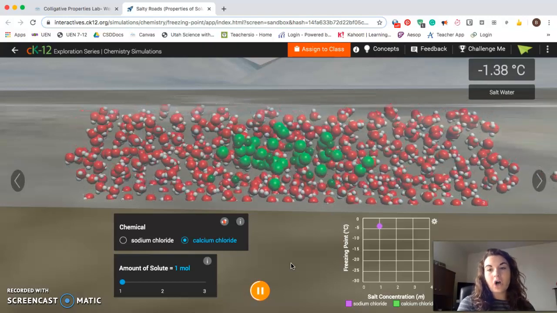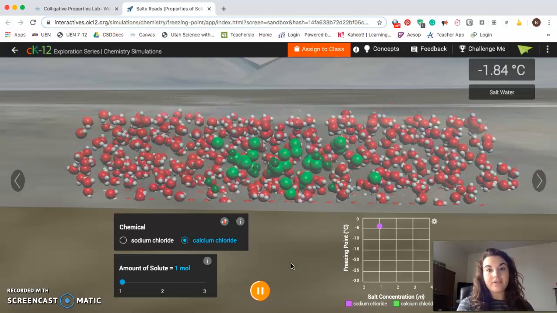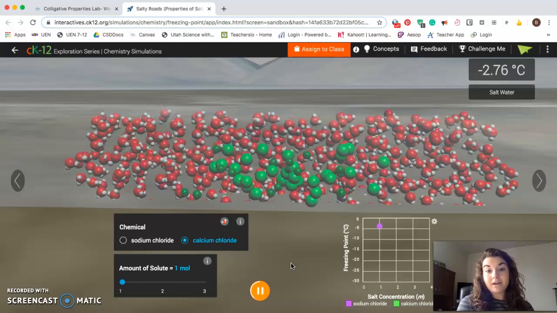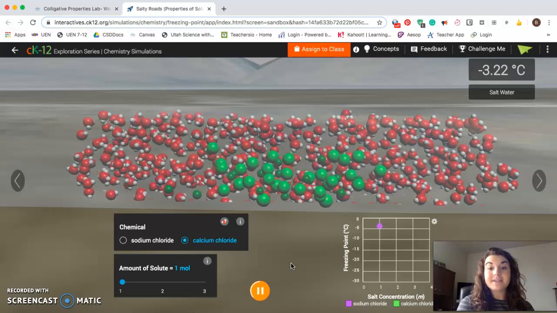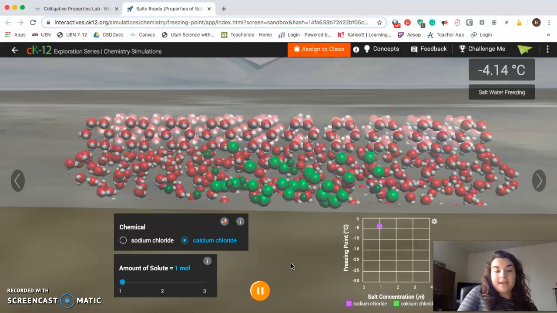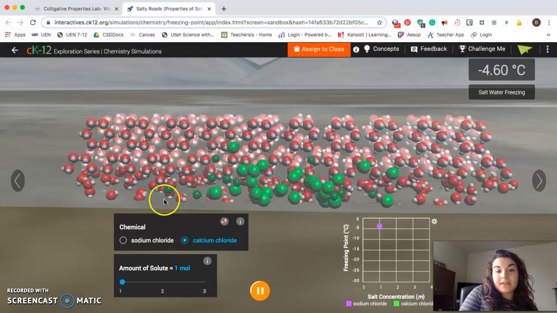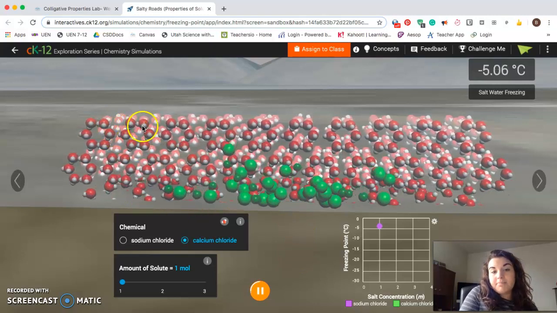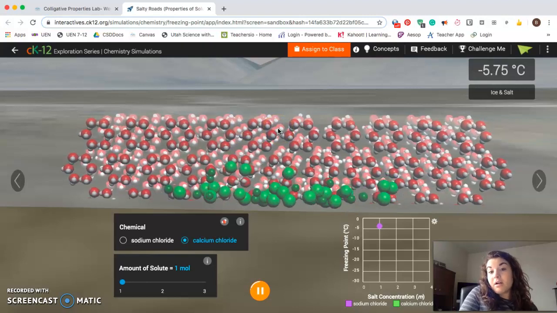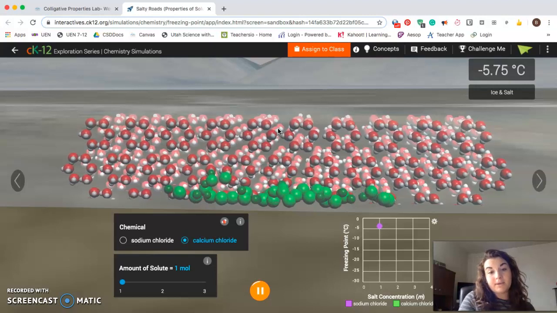Now if you look, all of the particles here are moving faster because they have all been melted because the water is attracted to the salt, and that breaks up its bonds. Now, as the calcium chloride starts to sit on the bottom, these upper molecules of water will become frozen again because there are no longer calcium chlorides restricting these bonds between the water.